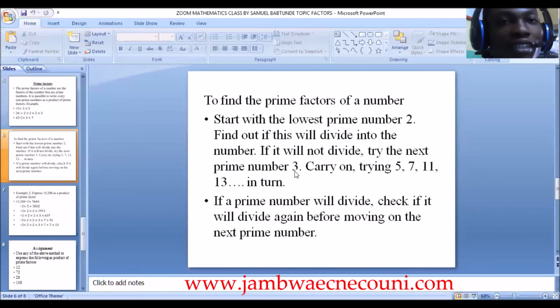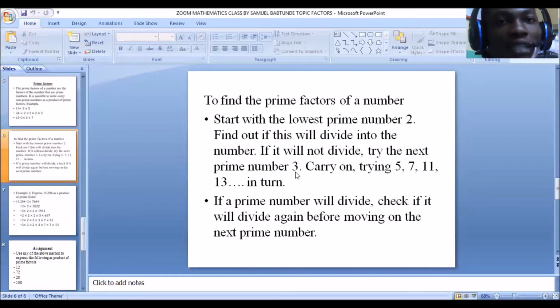And you check again. Is 15 divisible by 3? Yes. Then you start with 3. But if 15 were not divisible by 3, what do you do? You skip 3 and move to the next prime number, which is 5. So like that in turn. So to find a prime factor of a number, you start with the lowest, which is 2.